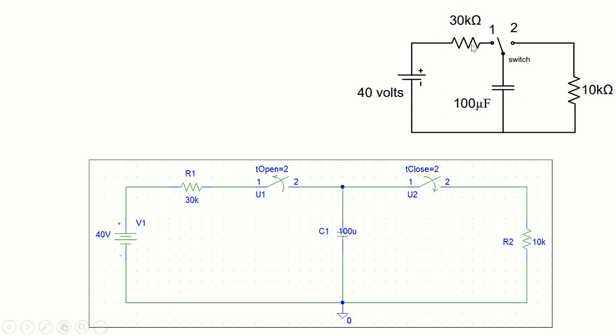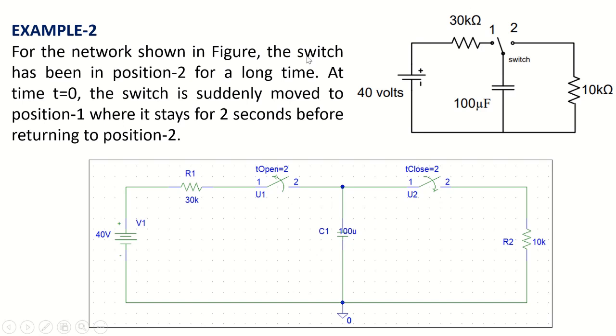How can you modify it? If you read the question carefully, it says the switch is in position 1 for the first 2 seconds. That means for the first 2 seconds the circuit will be this, and the switch will be opened.